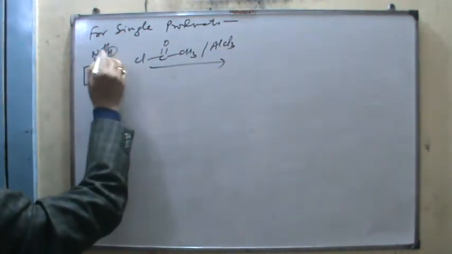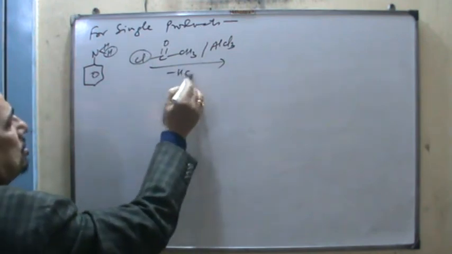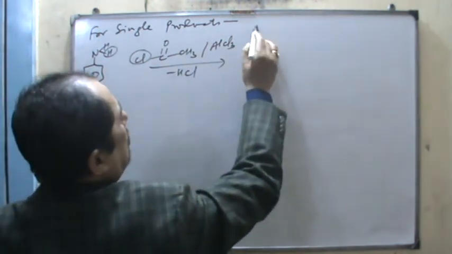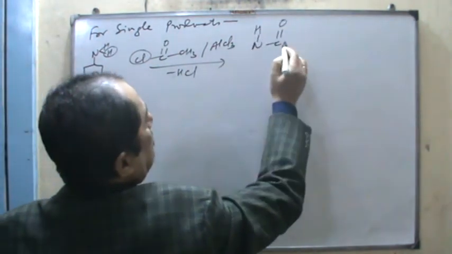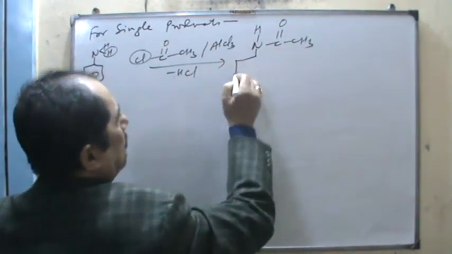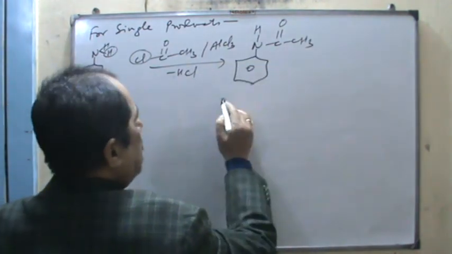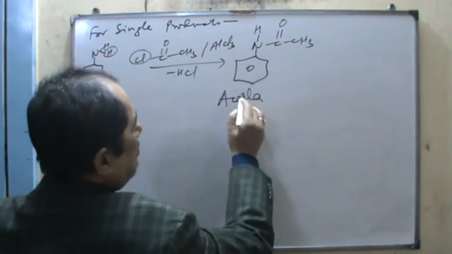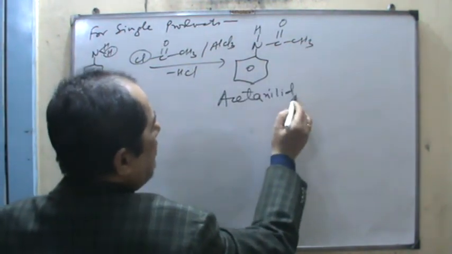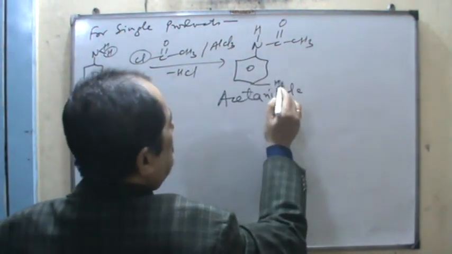Then this is the H or this is the Cl. What is lost here? HCl. NH C double bond O CH3, this is acetanilide.